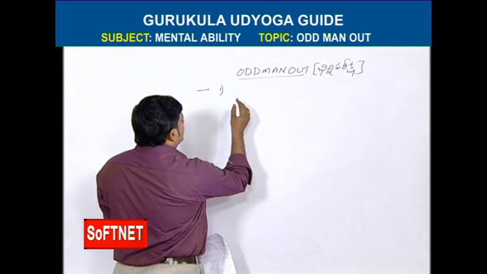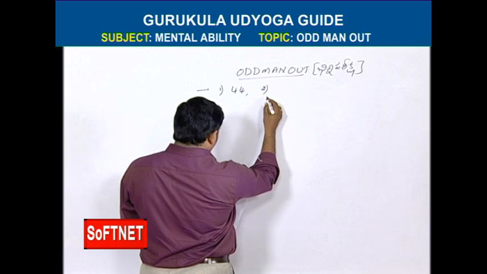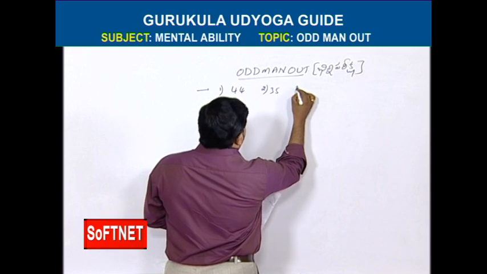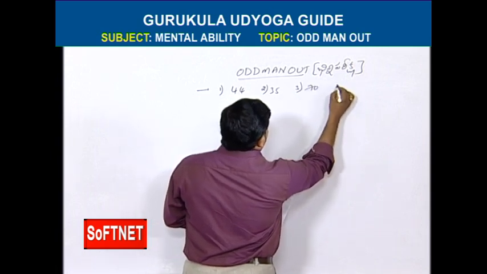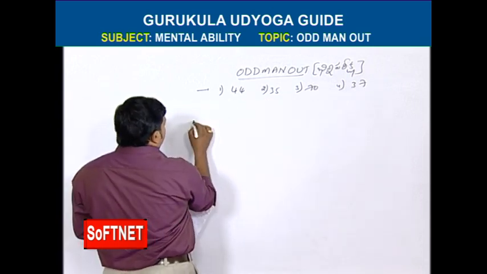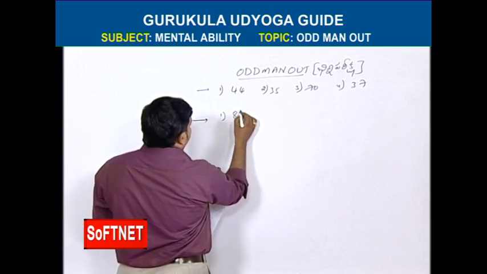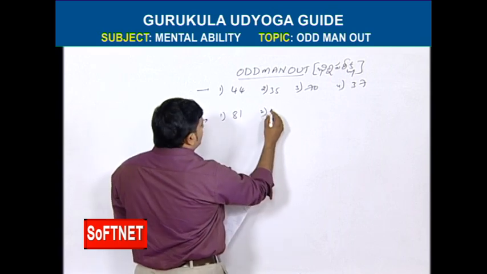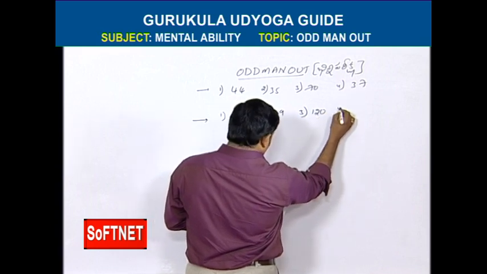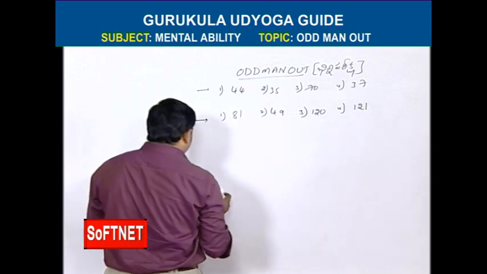Let's say the first question: first option is 44, second option is 35, third option is 70, fourth option is 37. Now the second question: first option is 81, second option is 49, third option is 120, and fourth option is 121.